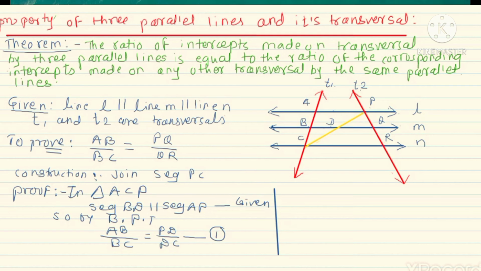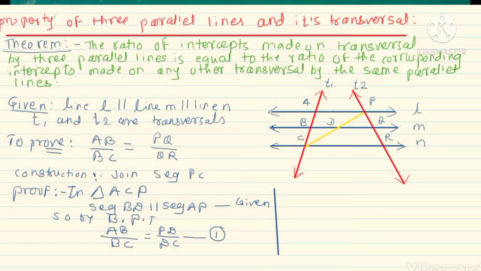Now take the next triangle. It is triangle PCR. There is also segment DQ, which is a part of line M, parallel to segment CR, which is a part of line L. It is given, so we can apply the BPT theorem.